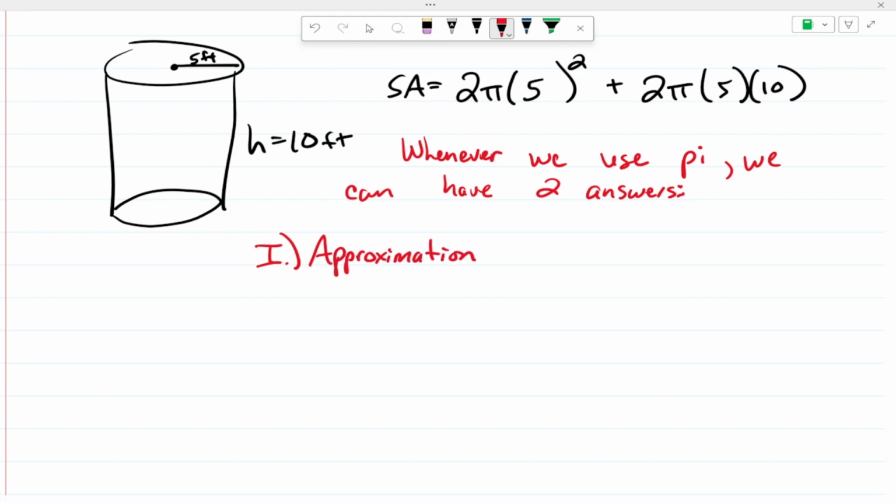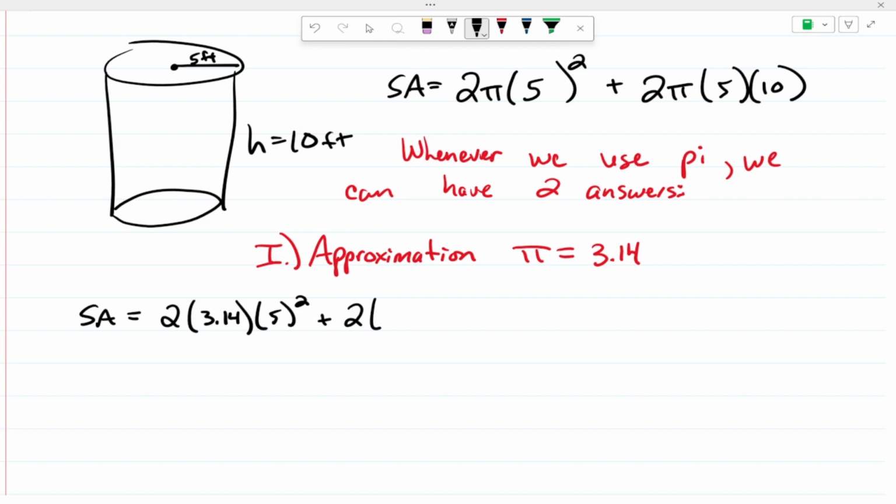Whenever we talk about an approximate answer, what we're really saying is go ahead and use 3.14 for pi. So if you look at our formula above, our surface area is going to be 2 times 3.14 times 5 to the second plus 2 times 3.14 times 5 times 10.